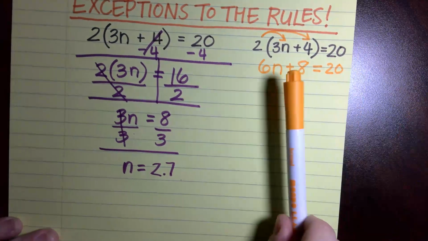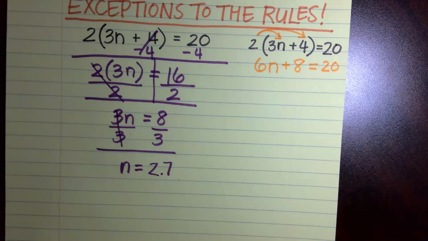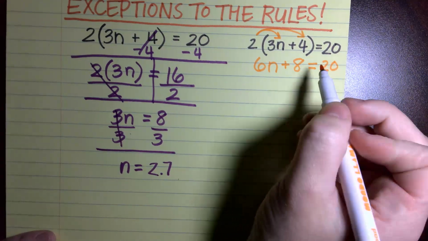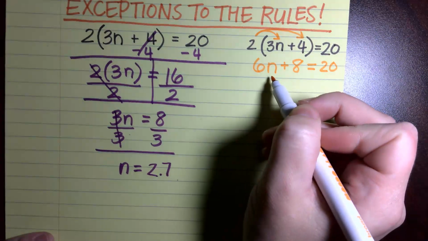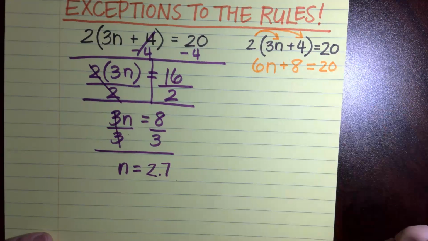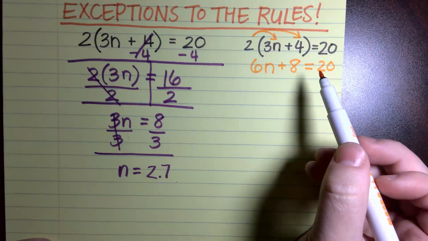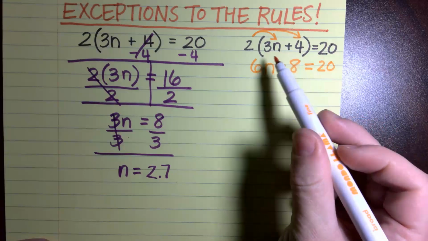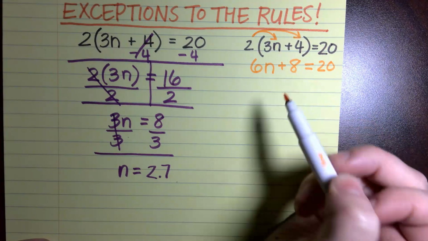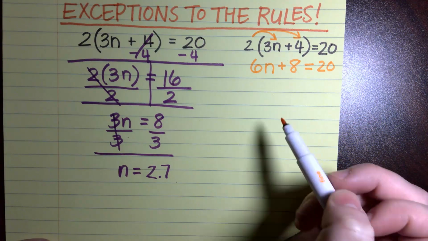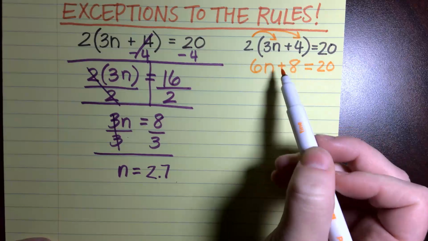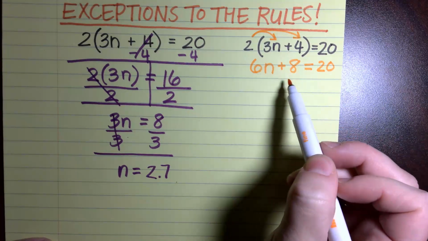Let's finish the other way we were trying. We tried distributing first. Okay, now we have 6 times n plus 8 equals 20. What should we do next here? Yeah, we have a plus 8 here. We want to get rid of it. So what do our inverse operations tell us to do?